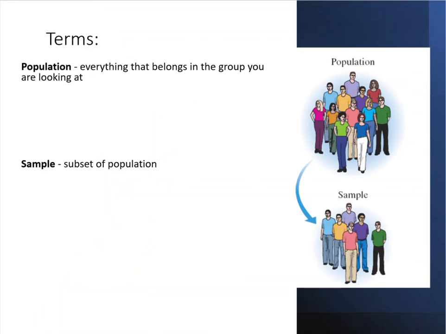Now, another set of terms that we want to understand has to do with population and sample. A population is going to be everything that belongs in the group that we want to study, whereas a sample would be a subset of that population. So if I were to say all students enrolled in an MCC statistics class, that is going to be the population that I want to look at.